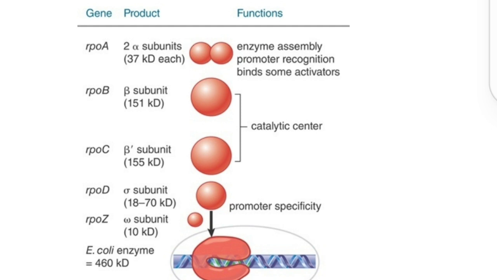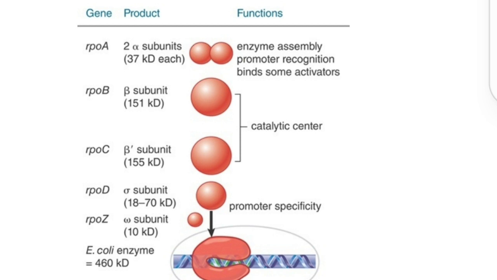And here the 2 alpha subunits are coded by the gene rpoA, the beta subunit is coded by rpoB, and rpoC codes the beta prime subunit, rpoD codes the sigma subunit, and rpoZ codes the omega subunit.